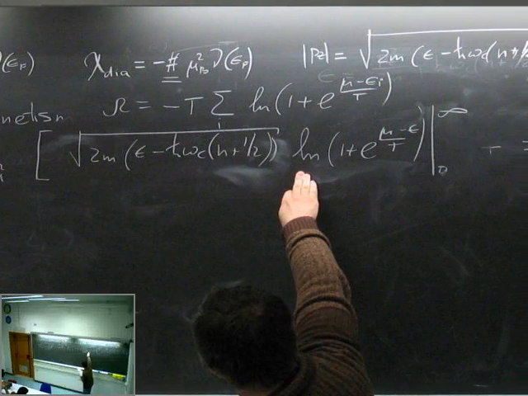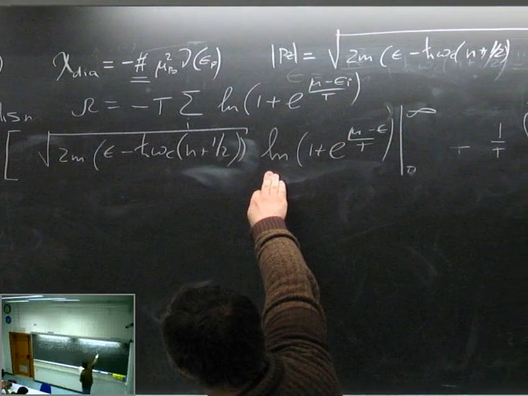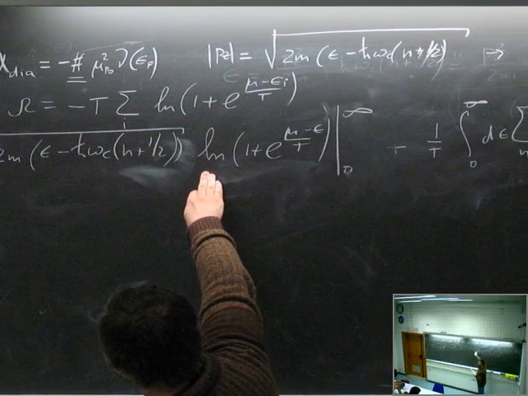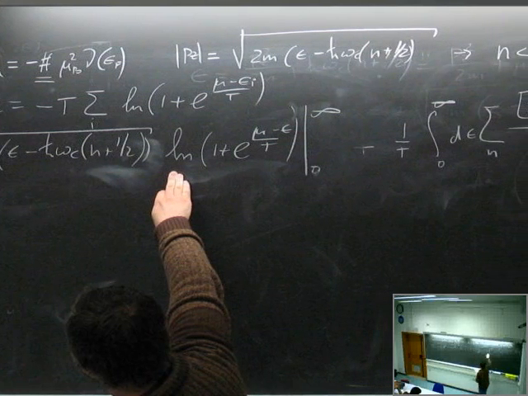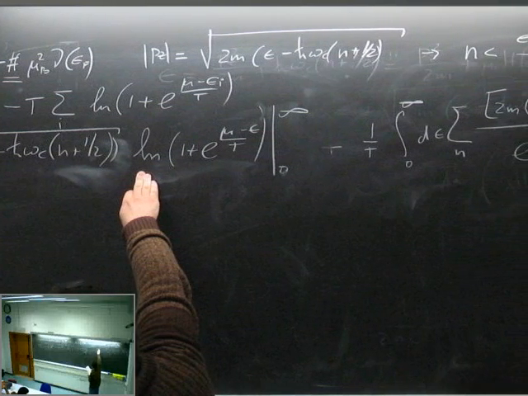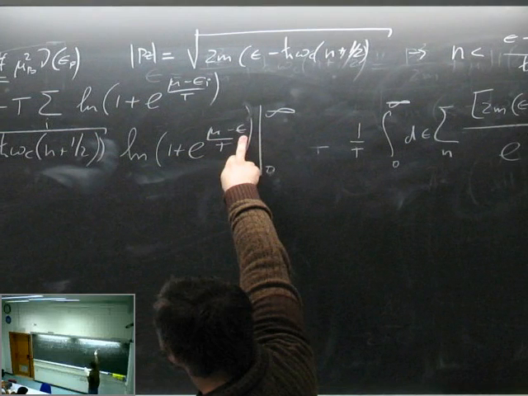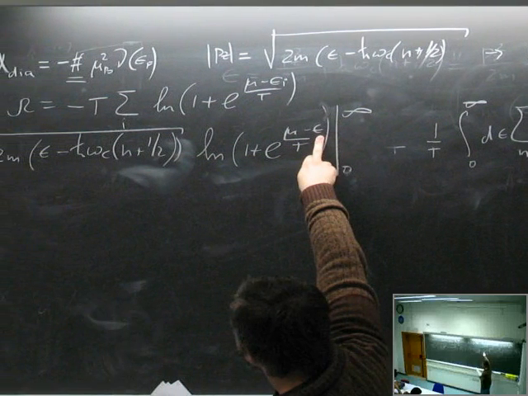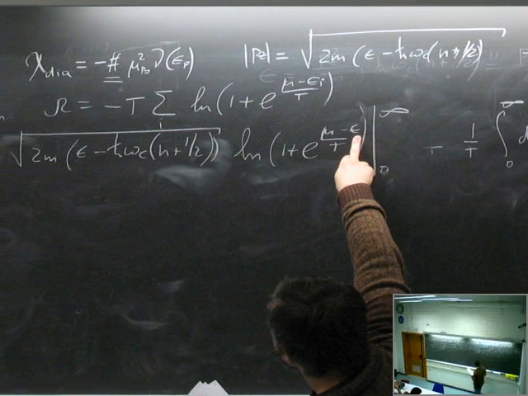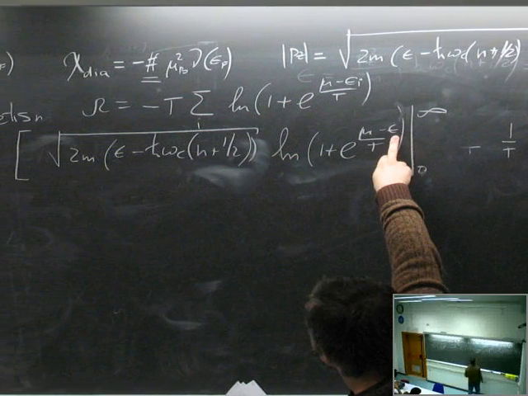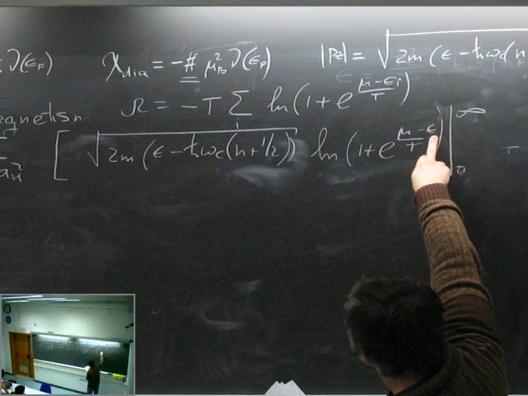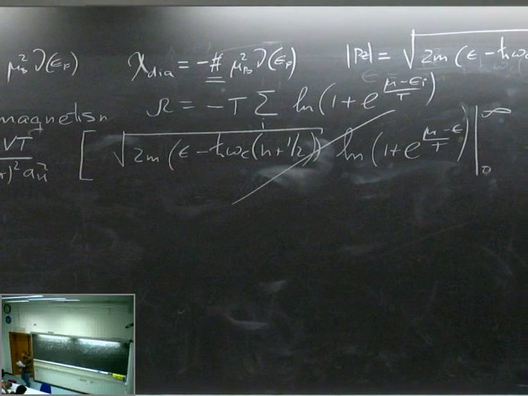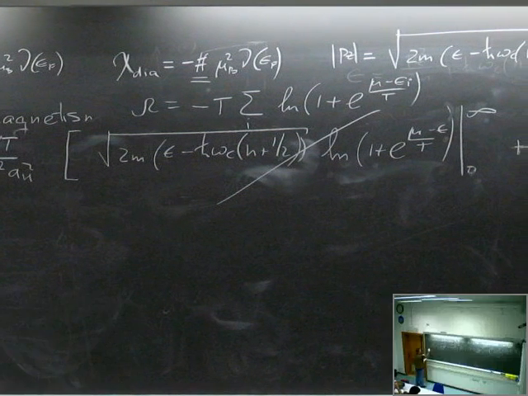I'm saying that this expression is 0 both on the lower limit of integration, because then the square root meets the requirement of minimal energy, and it's also 0 at the upper limit, because if energy is infinite, then the exponent is 0, the log of 1 is 0, and therefore I have 0 everywhere. So what I do, I drop this term. Okay? And we write the expression.